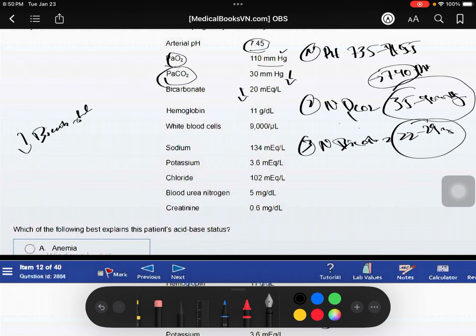As we see here, the bicarb concentration in this patient is 20 milliequivalent per liter, but the normal is 22 to 29 milliequivalent per liter. So that's why these are normal pregnancy changes.